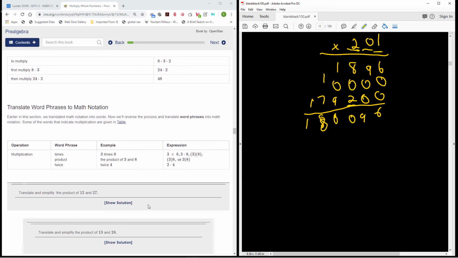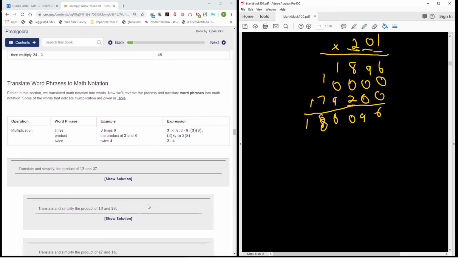Now they're doing phrases. So you see the word phrase, you want to be familiar with certain phrases. Times, product, and twice. All those are little phrases that mean multiply. 3 times 8, or the product of 3 and 8, or twice 4.